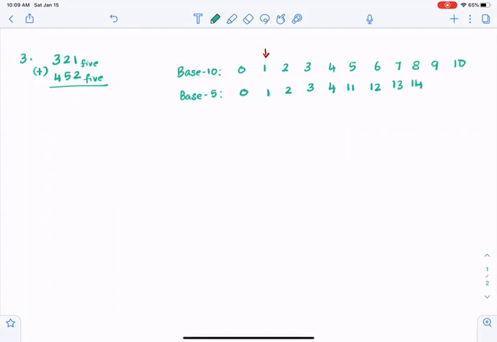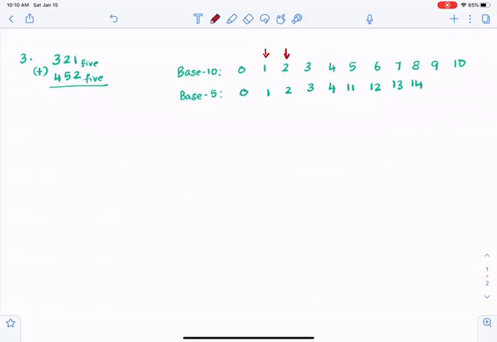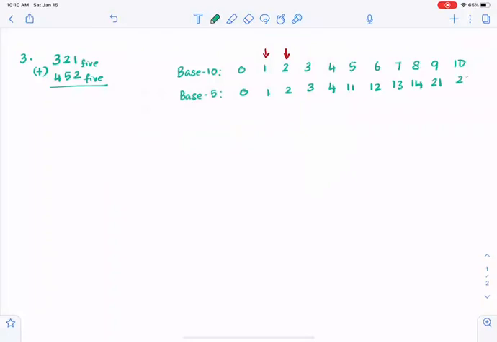Since I ran out of the digits, I'll go back, pick 2, and put it in front of 0, 1, 2, 3, 4. So 20, 21, 22. You can always verify the answer. So let's see if I did that 22 part correctly. Am I converting it to base 4 or base 5?